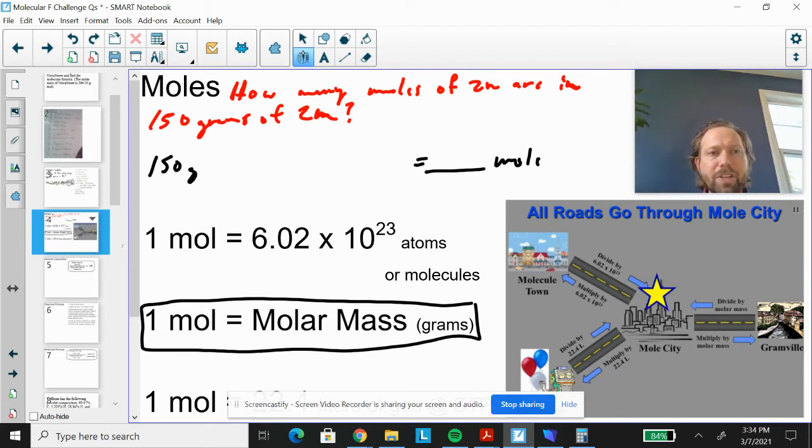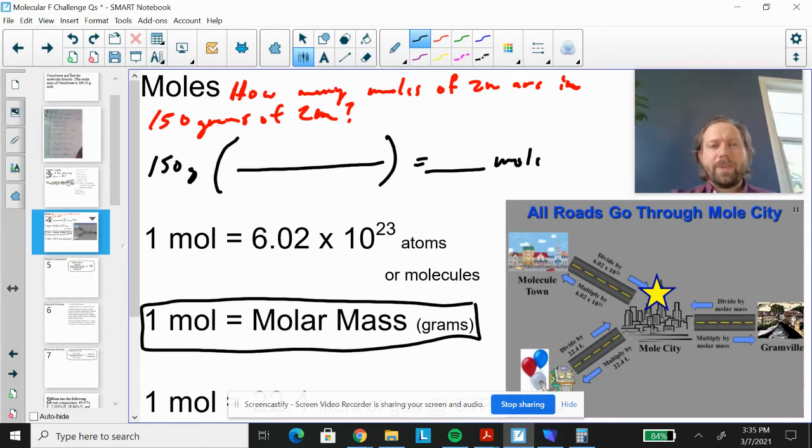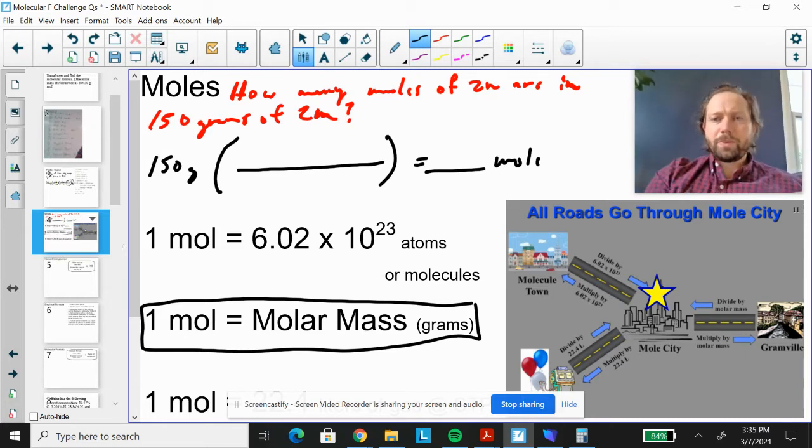Now you might be asking yourself, what the heck is molar mass? Molar mass is the mass of a particular element or molecule, 1 mole of that thing. So if you have 1 mole of zinc, the molar mass is the mass of 1 mole of it. Now, these numbers are not something you have to memorize.